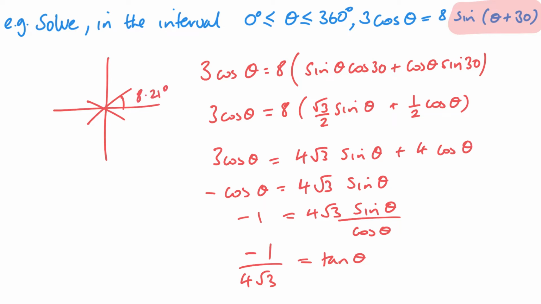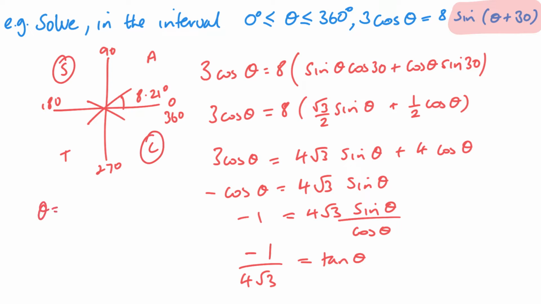8.21 degrees. Now we went from 0 round to 360 degrees, and tan is negative. As we can see here, tan is negative. So we're looking in this section and this section.